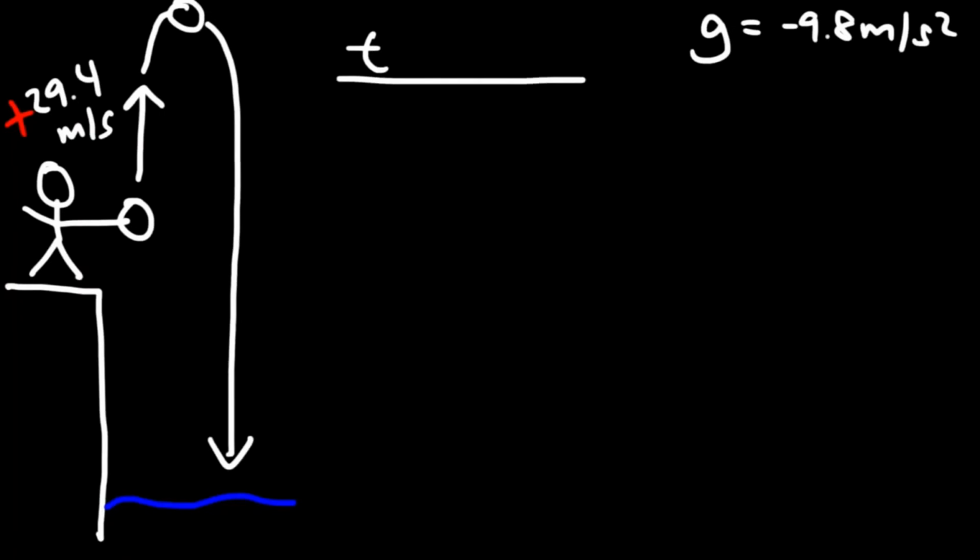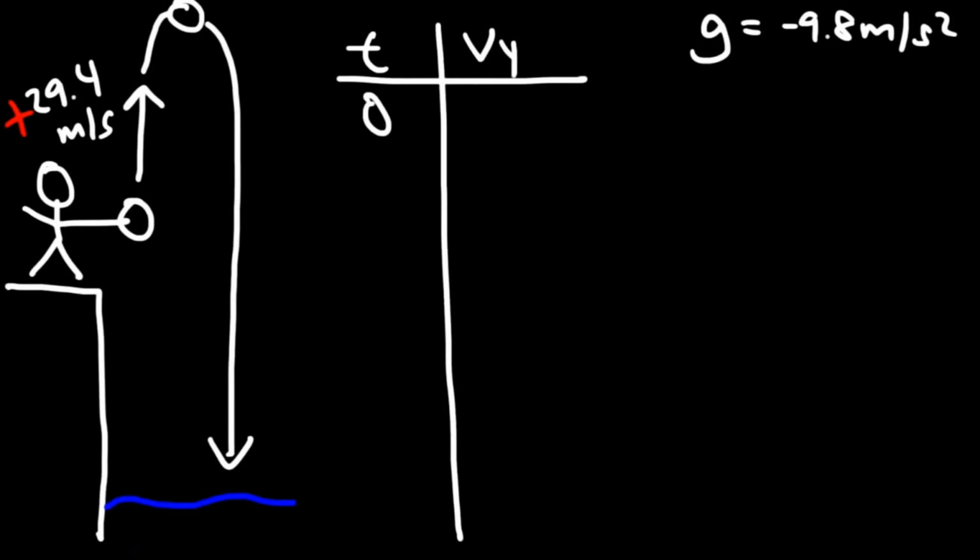If you make a table between t and Vy, we're going to get the values. When t equals 0, initially the vertical velocity is positive 29.4.